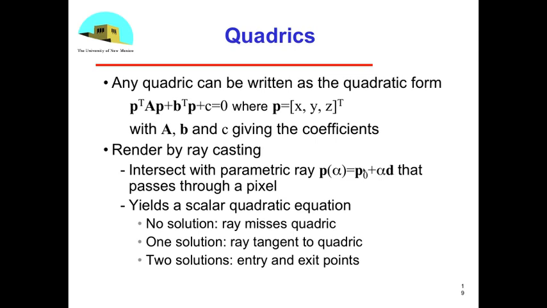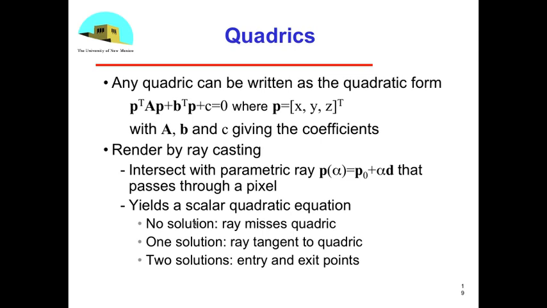But look, these are constants in d, they're constants in p. If I stick this back into this representation, it's just a quadratic equation in alpha, and I can use the quadratic formula to exactly give me where the intersections are.